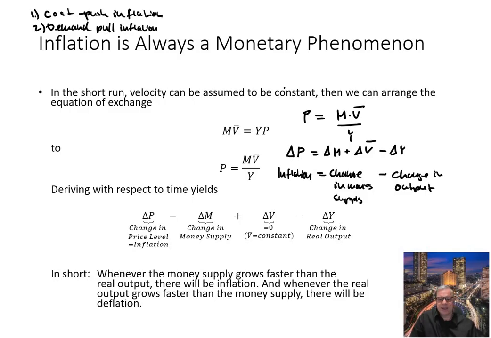Okay. And it becomes clear whenever there's inflation, I should always be able to reduce it by lowering the change in the money supply. And that is typically what you do. The response to inflation is always reducing the money supply.